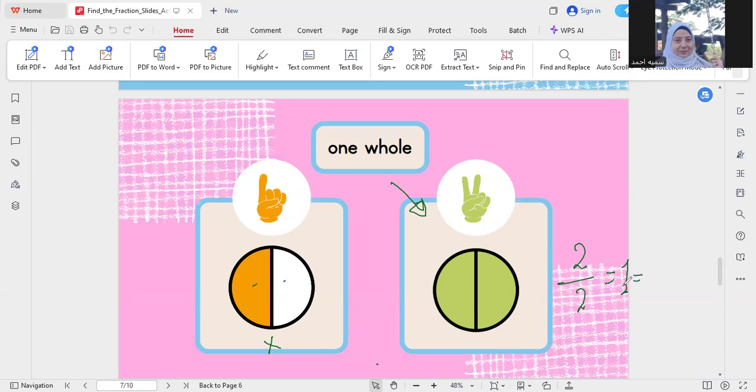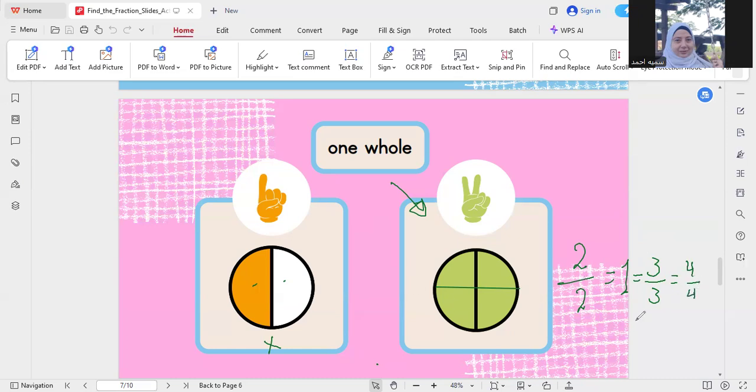And pay attention that if we divide this circle into 3 equal parts, it equals also whole 1. So the whole 1 equals also 3/3. If we divide it into 4 equal parts like that, we can say that 1 also equals 4/4.